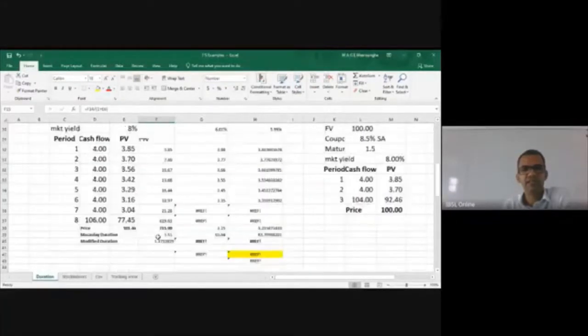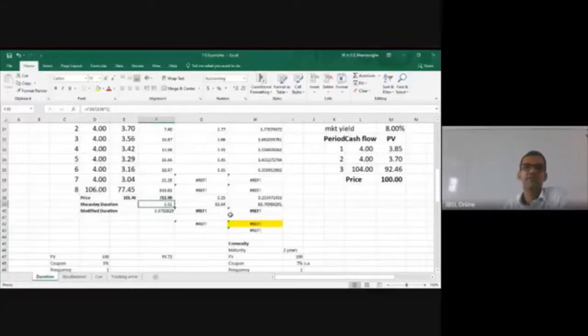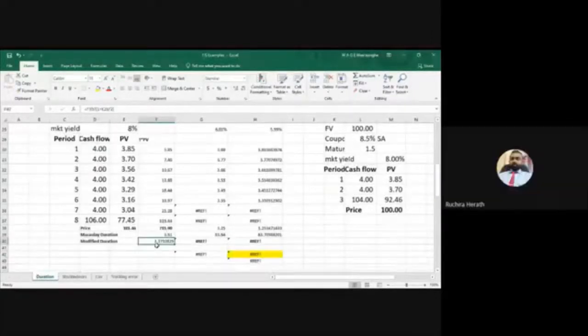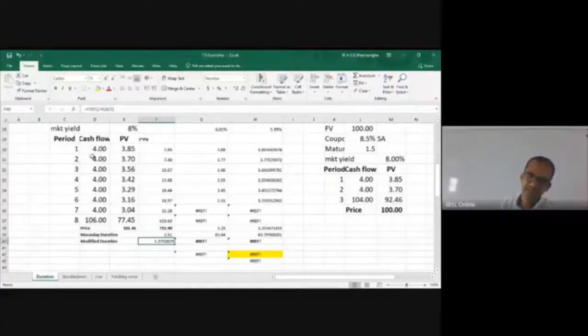So 3.99 versus 3.51. You can see when the maturity is low, modified duration is also low. Even with semi-annual coupon, even if we make it annual coupon, there may be a slight change, but still you should be able to see that when the maturity reduces, duration reduces.